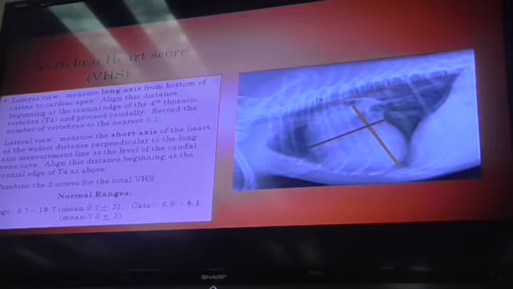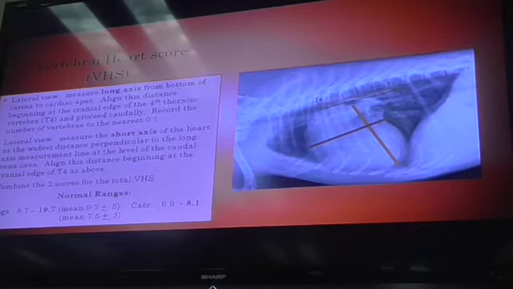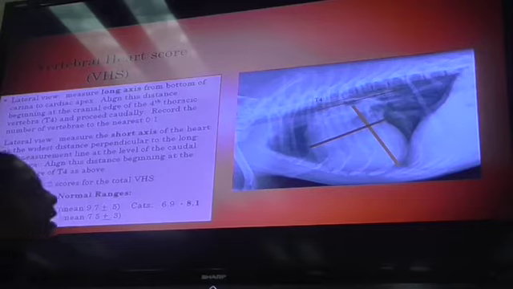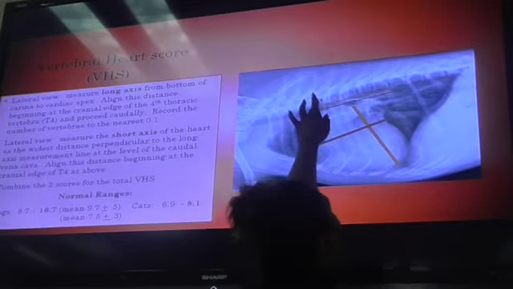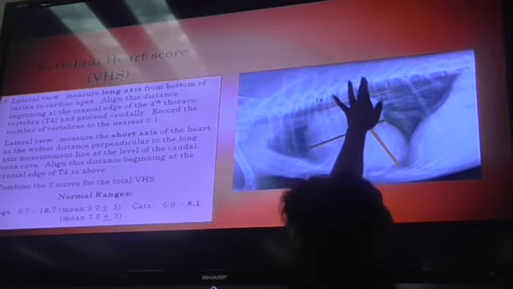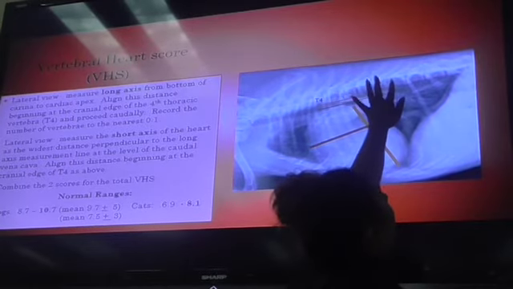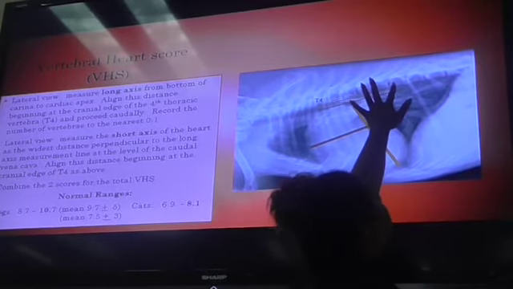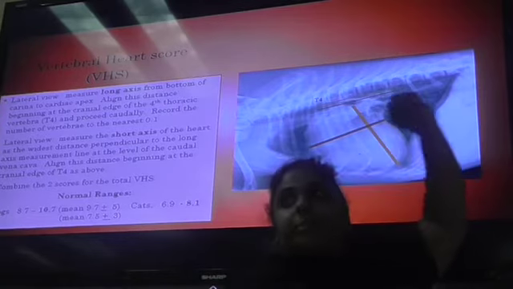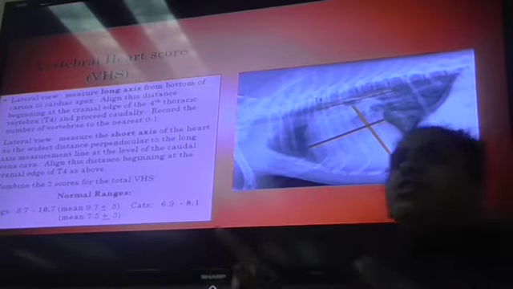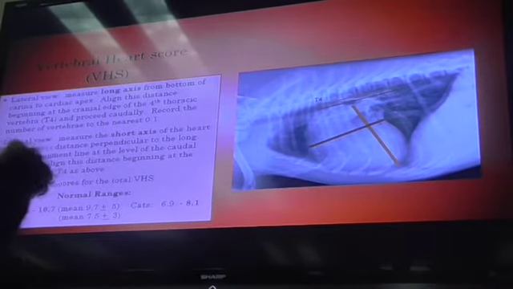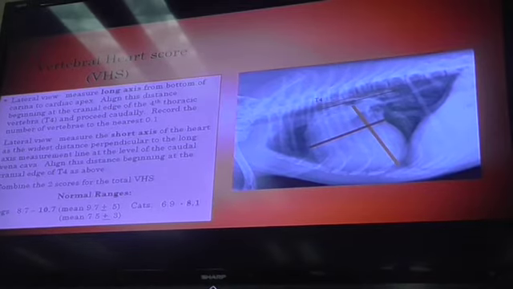So I'm going to take this short axis, start at T4, extend caudally, and count those vertebral bodies. I told you it was 1, 2, 3, 4, 5, about 5.5 for the long axis, and now 6 for the short. Add those two numbers together. You'll get about 11.5, right?